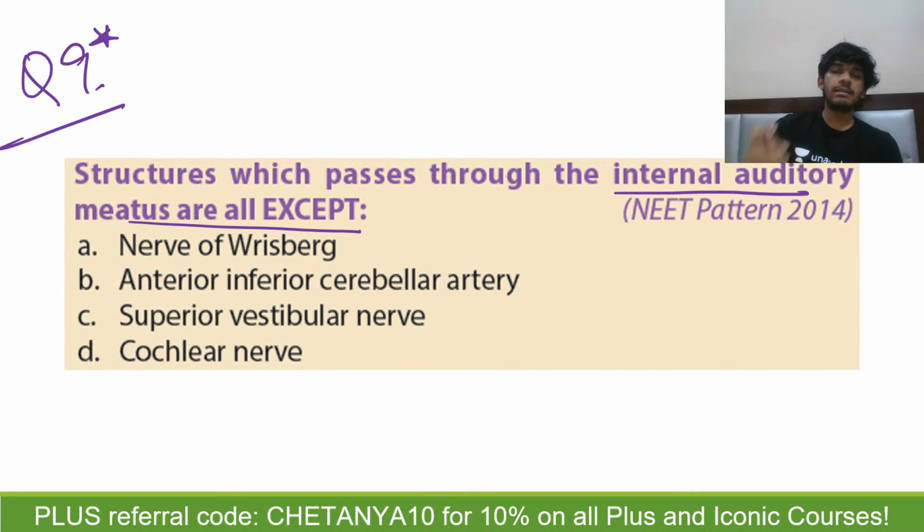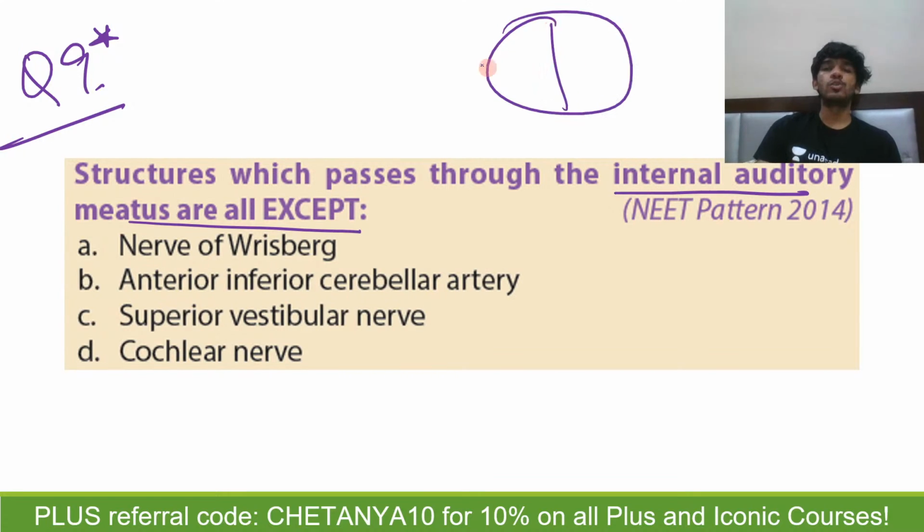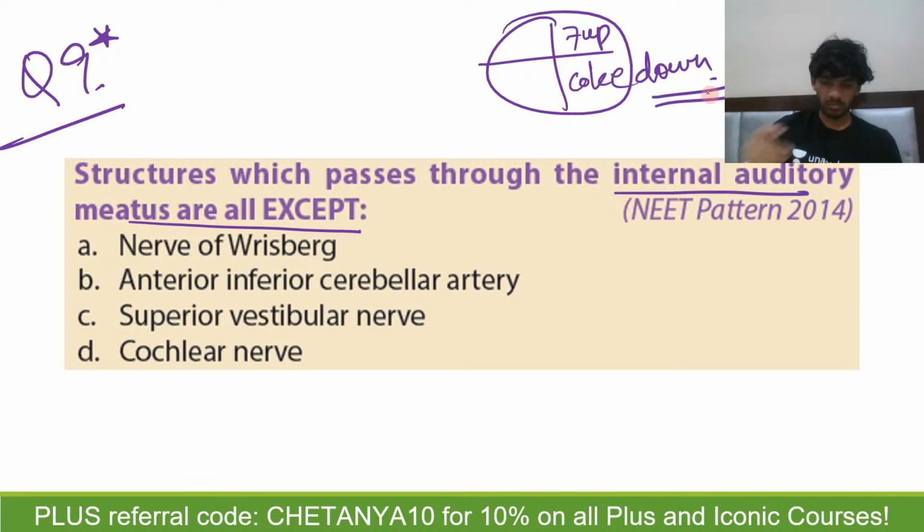Which pass through the internal auditory meatus. Remember, I also told you a mnemonic here. 7 up, coke down. Are all except. See, the question says all except.